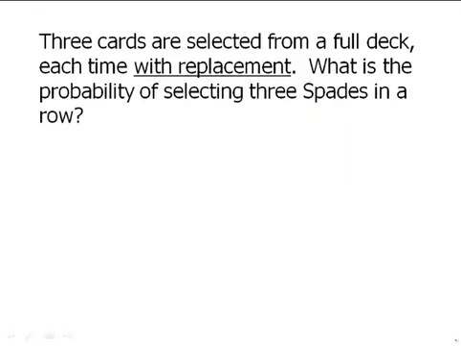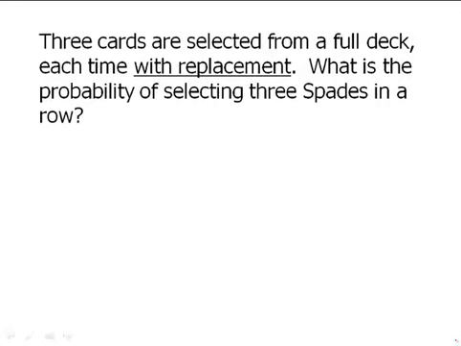3 cards are selected from a full deck each time with replacement. What is the probability of selecting 3 spades in a row? So again, let's make sure that we're perfectly clear on this idea of with replacement. What that means is I shuffle the deck, I pull a card out, I look at it, then I put that card back in the deck, shuffle it again, so that the second card I pick is being picked from a full shuffled deck. There are 52 cards when I make the second pick.